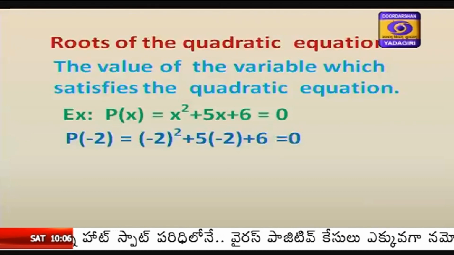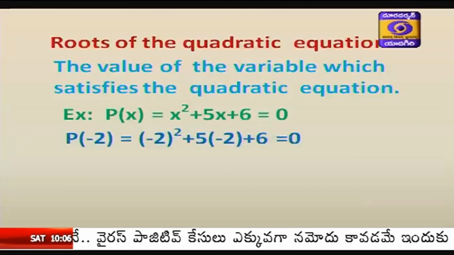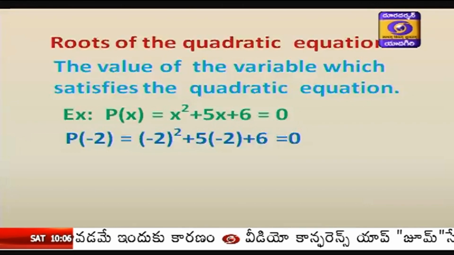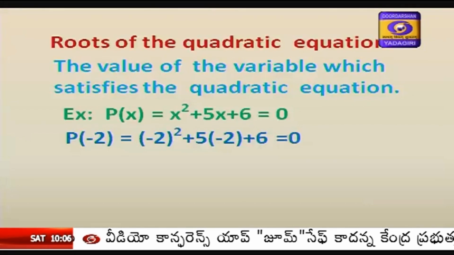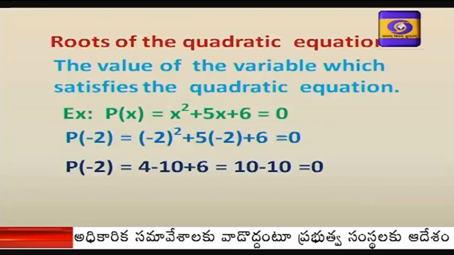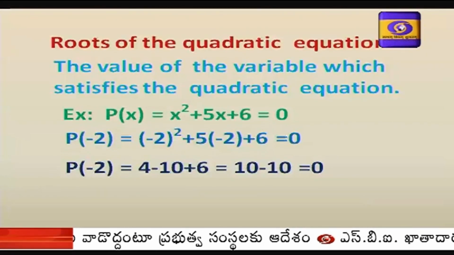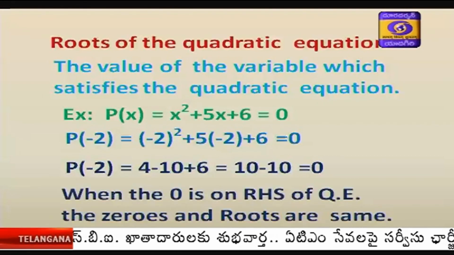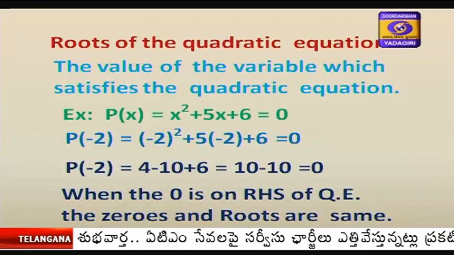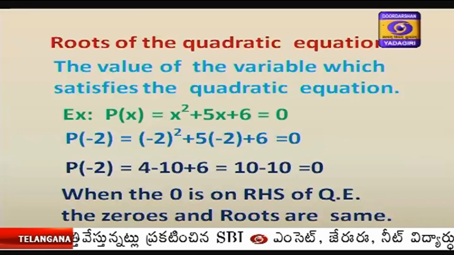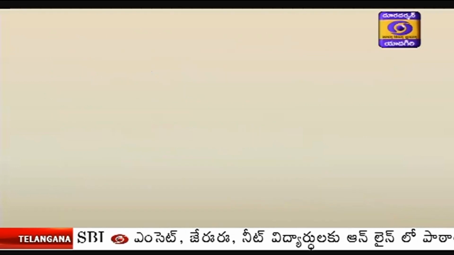Then -10 + 10 = 0. So -2 satisfies the given quadratic equation. So -2 is also called a root. When 0 is on the RHS of a quadratic equation, the zeros and roots are the same.